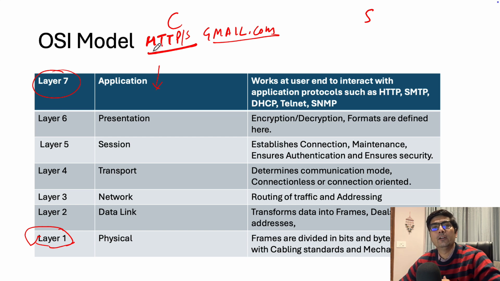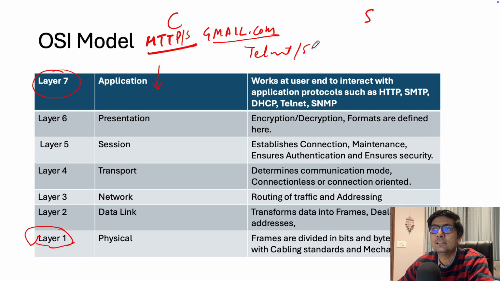Let's say that you are trying to access a switch or a router. So you'll have to choose an application. What are those applications? One is Telnet, then there is SSH, there is HTTPS, that is web, then there is SNMP. So these are all applications which are needed for you to communicate, right? For writing an email and sending the email, we need HTTP or HTTPS plus SMTP.